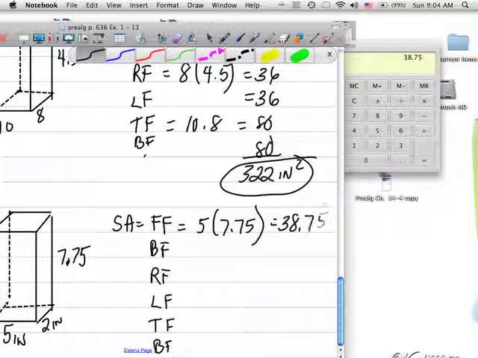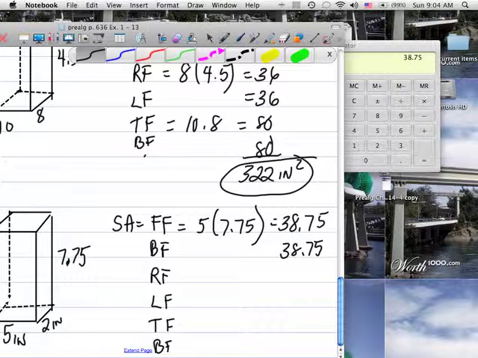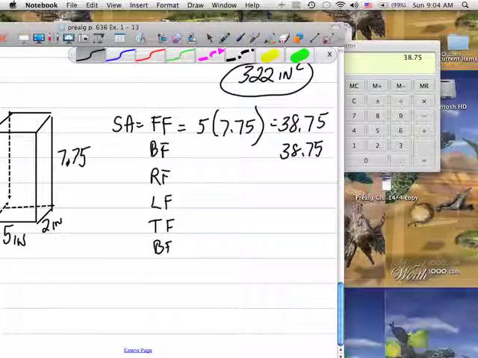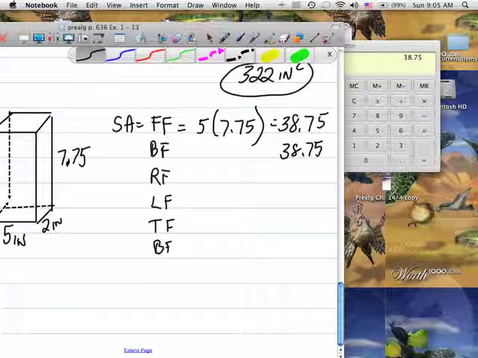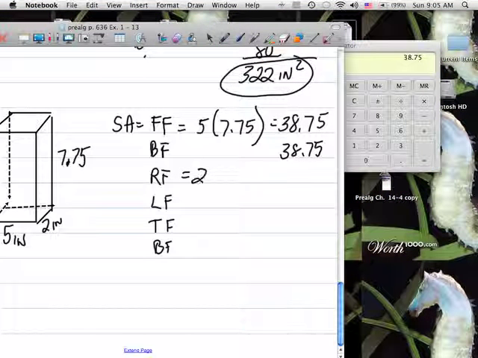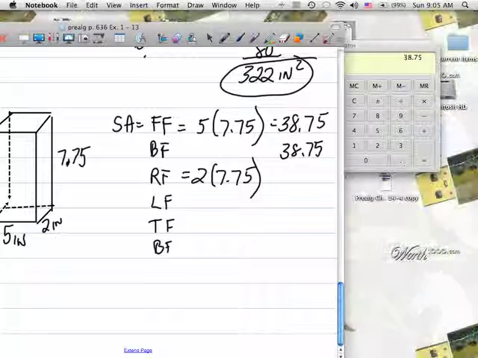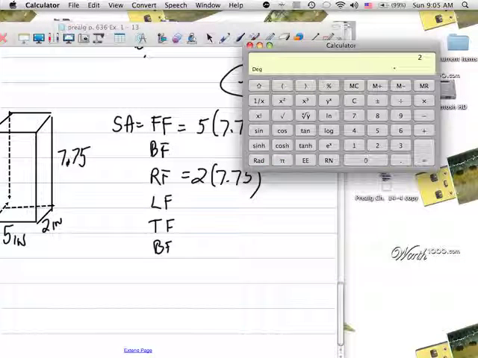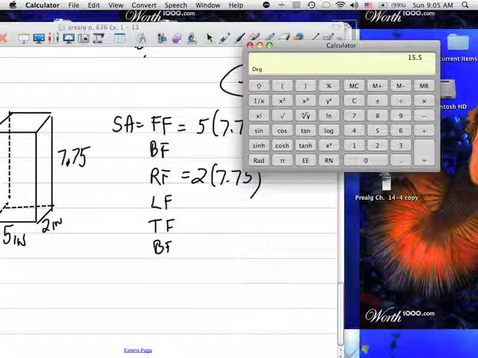And we know the back face is the same. And the right face is 2 times 7.75, so we multiply that. That's 15.5.